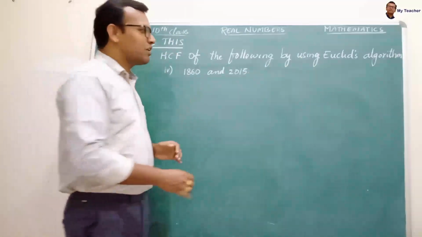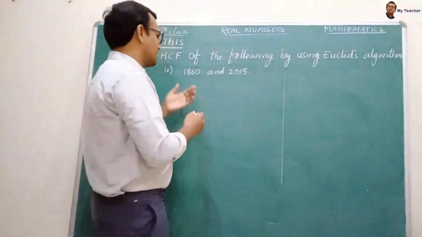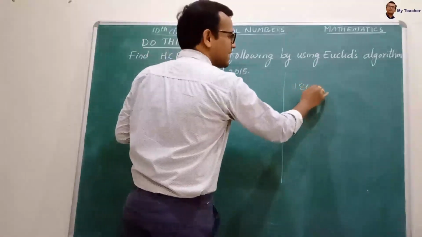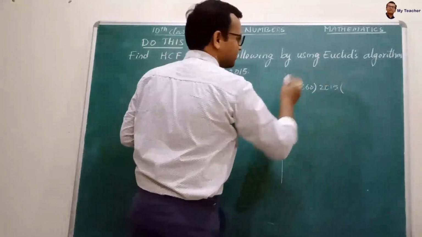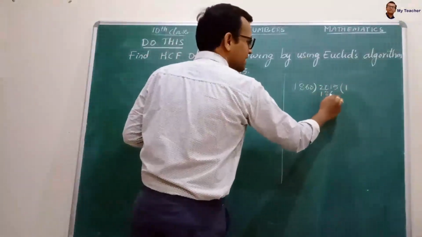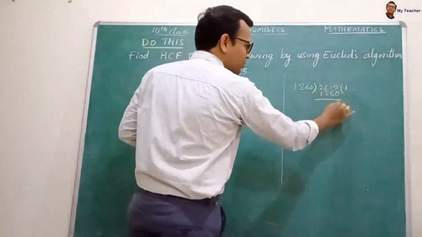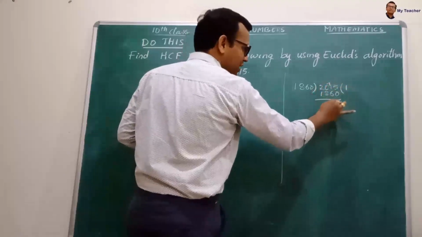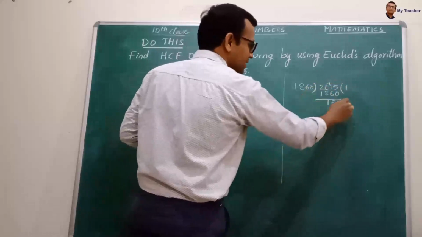So in the rough column, let us find the HCF of these two numbers, 1860 and 2015. Divide 2015 by 1860. Quite natural, 1860 ones are 1860. And what is the difference? 5 minus 0, 5. 11 minus 6, 5. 9 minus 8, 1. 1 minus 1.